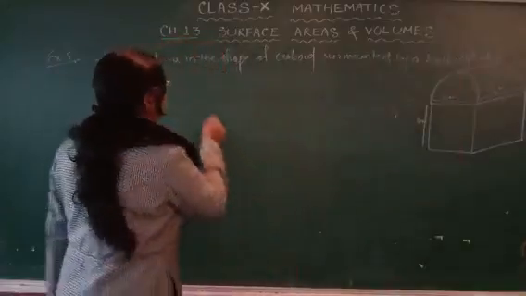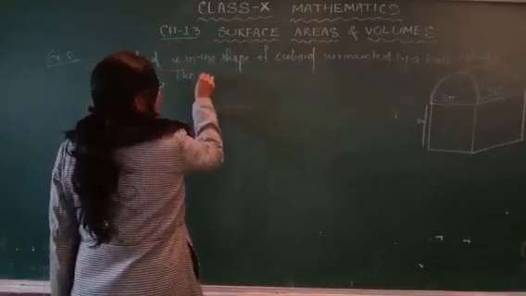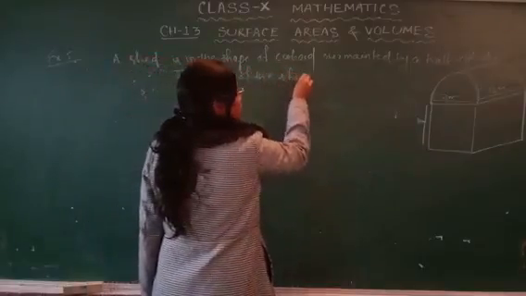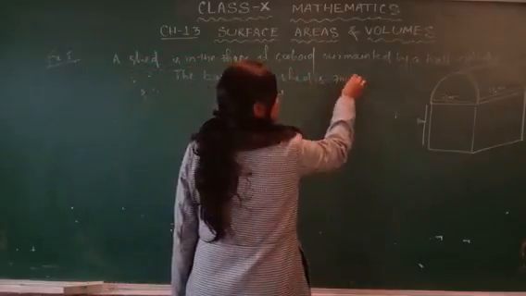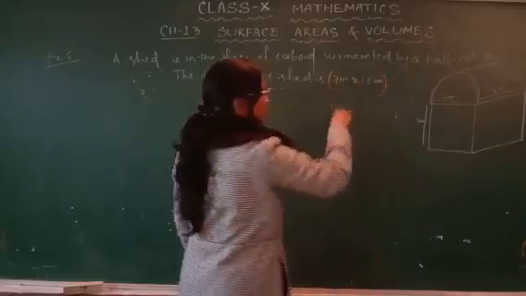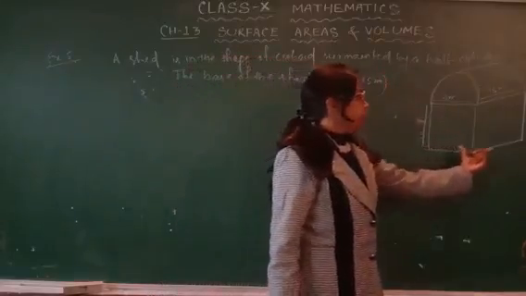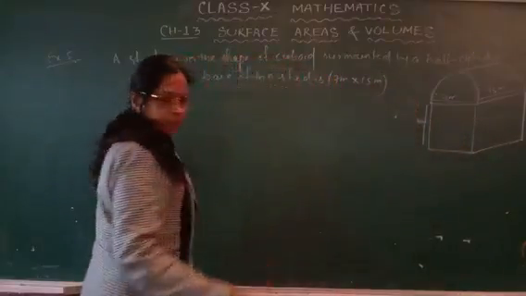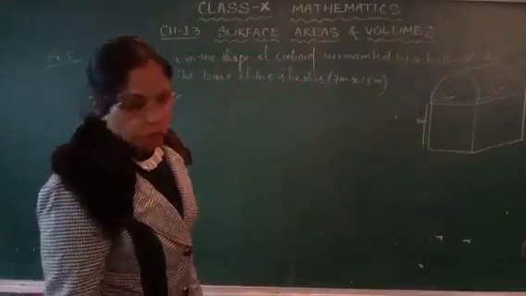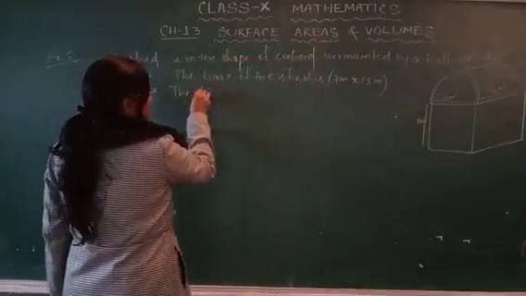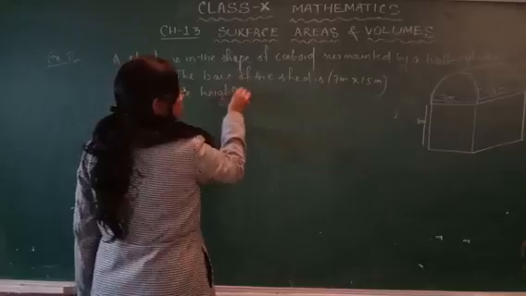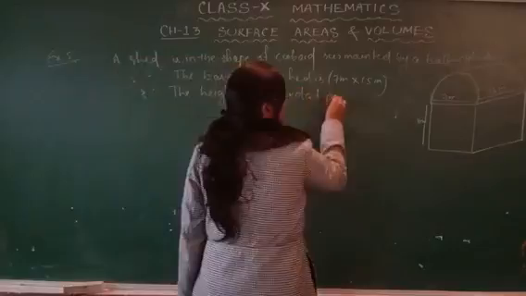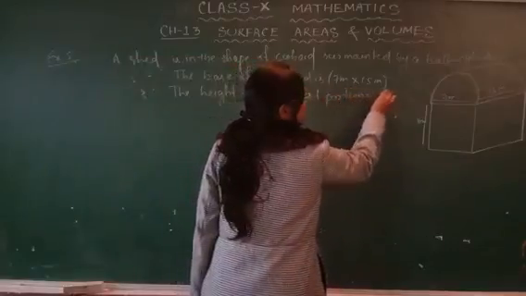The base of the shed is 7 meter into 15 meter. That means here breadth is 7 meter and length is 15 meter. And the height of the cuboidal portion is equal to 8 meter.